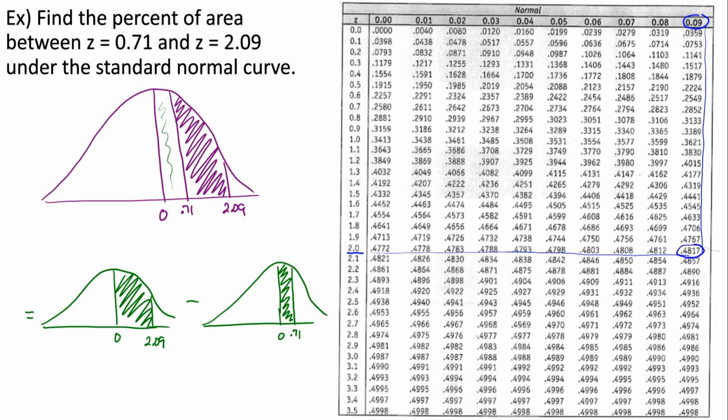That's 0.4817. And now the smaller section of area between 0 and 0.71, we're going to go to 0.7 and then 0.01, follow this across, follow this one down, we get 0.2611. We subtract these two values, we end up with 0.2206, or 22.06%.